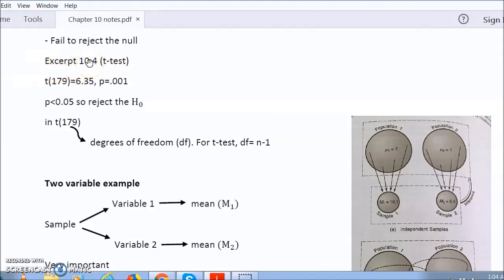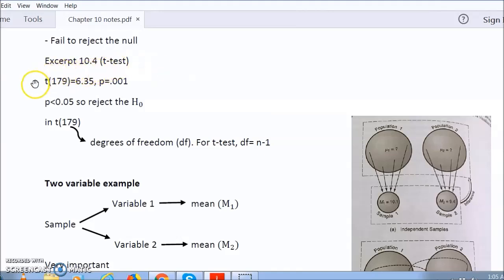Let us now look at 10.4, which is the t-test. It is talking about the mean estimate of the number of drinks considered indicative of heavy drinking, and then one sample t-test. So once again, it is a one sample t-test, that means one variable revealed a statistical difference.